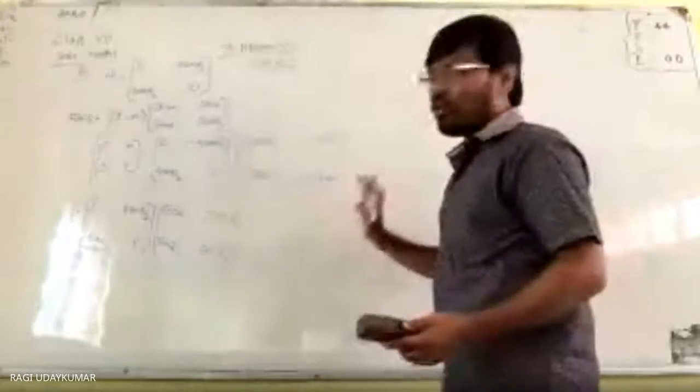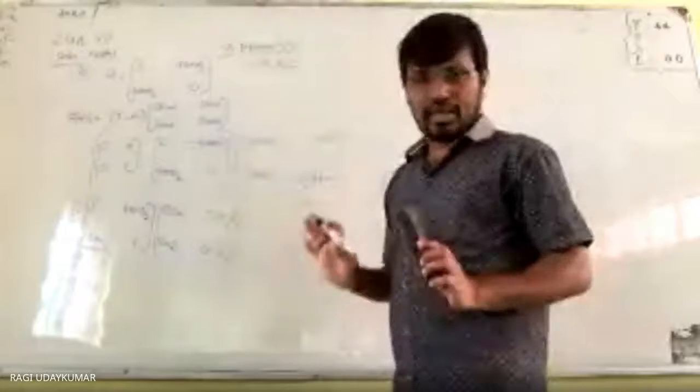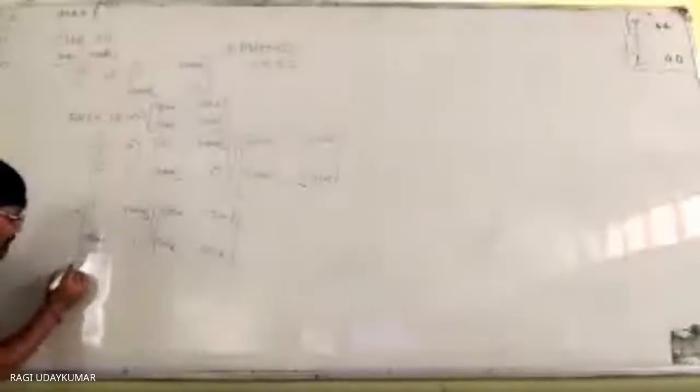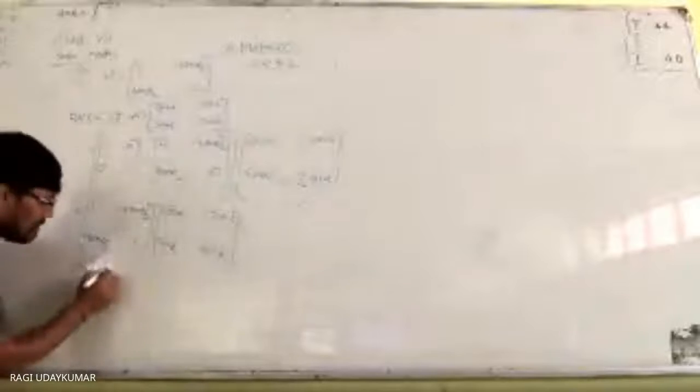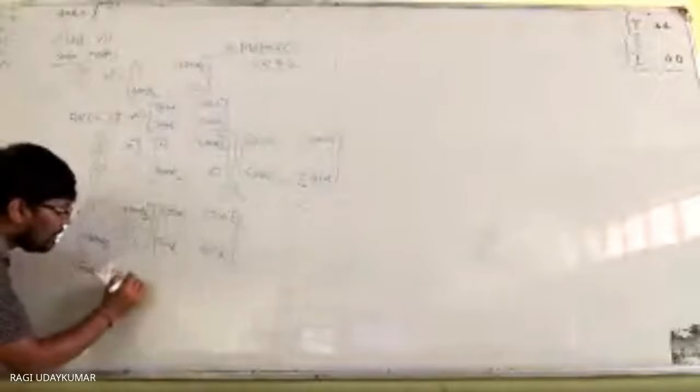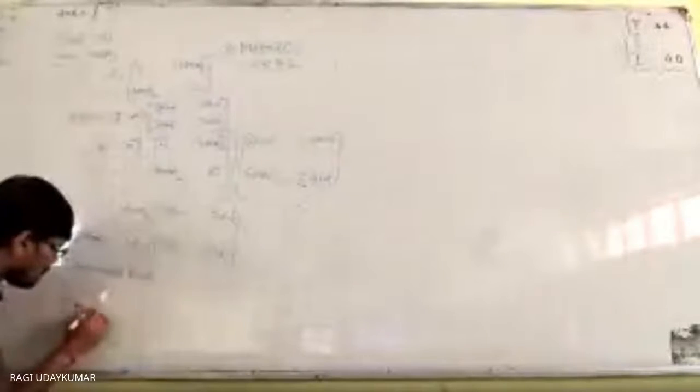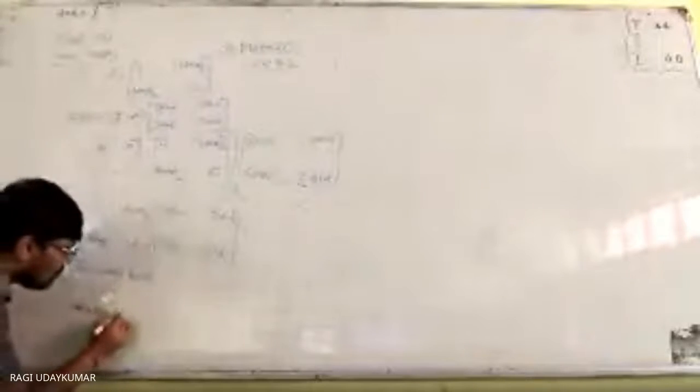It is only the simplification process; trigonometry is the main part here. So if you multiply, the problem will become like this: 1 into cos alpha plus sin alpha into tan alpha by 2. Next, 1 into minus sin alpha plus cos alpha into tan alpha by 2. Is it right?